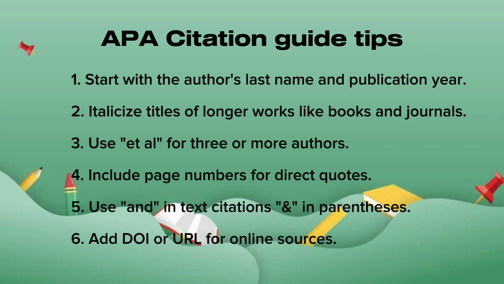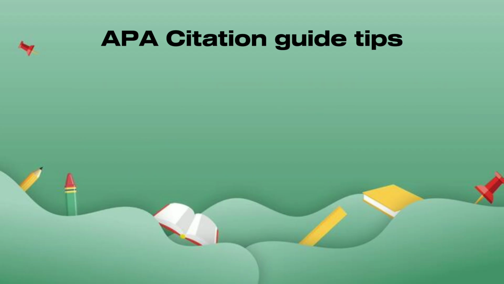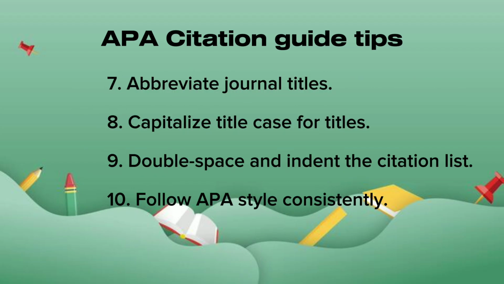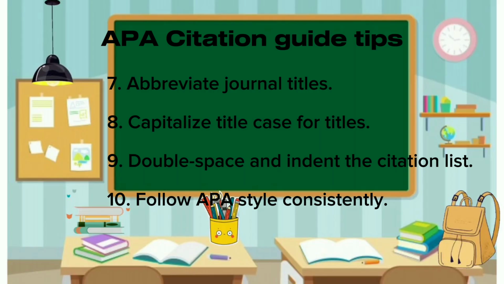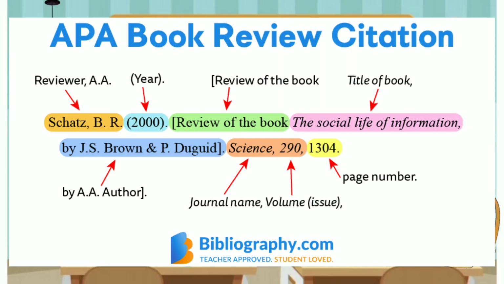Add DOI or URL for online sources. Then abbreviate journal titles. Capitalize title case for titles. Then double space and indent the citation list. And lastly, follow APA style consistently. So here is the example of the citation sources.